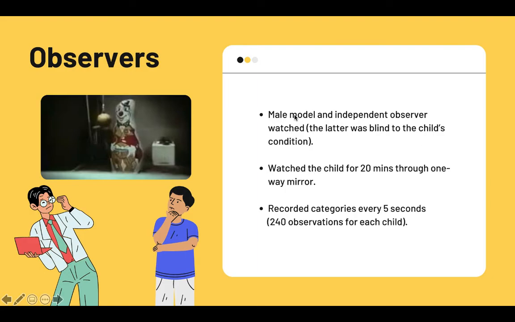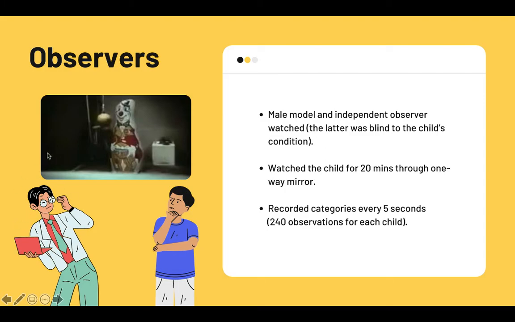The male model. Okay, the male model, an independent observer. Let's say this was a model. This was a new person who did not know whether the child was exposed to an aggressive or non-aggressive model. So this is good because that would have affected his bias.